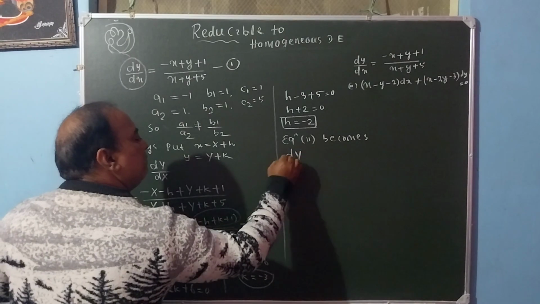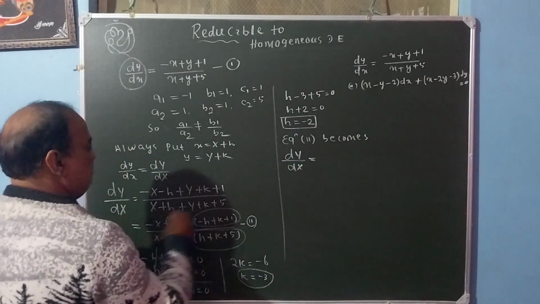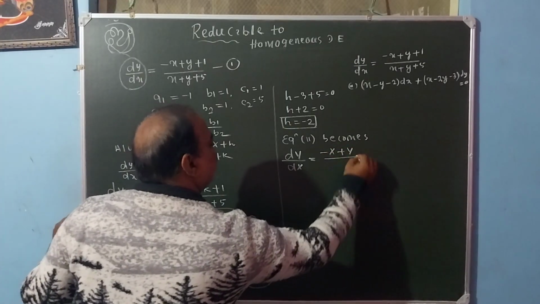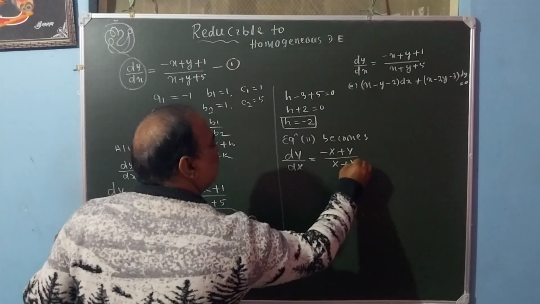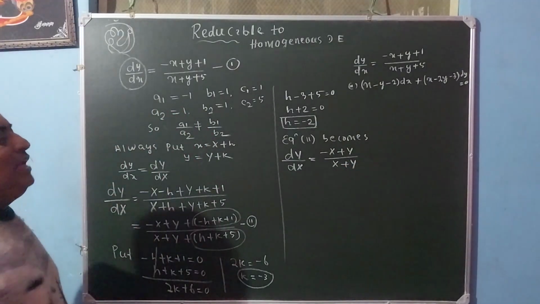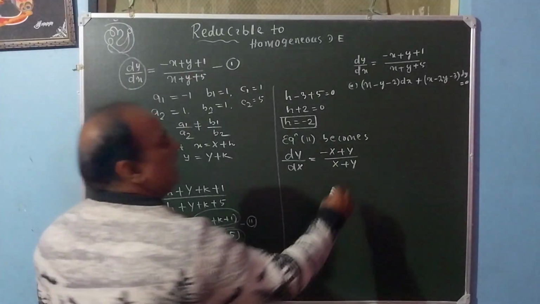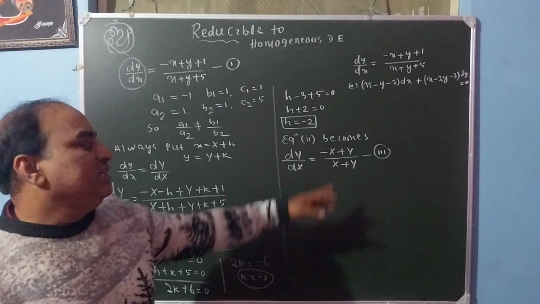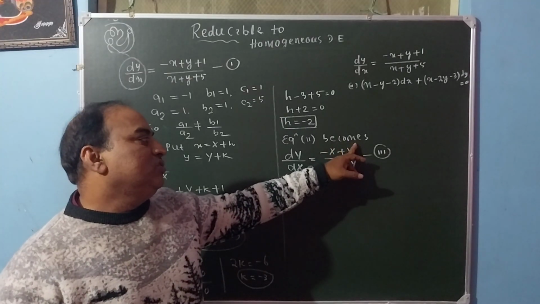capital dy by dx is equal to minus X plus capital Y divided by X plus Y. Now this is a homogeneous differential equation, because the power of x is 1 and the power of y is also 1.